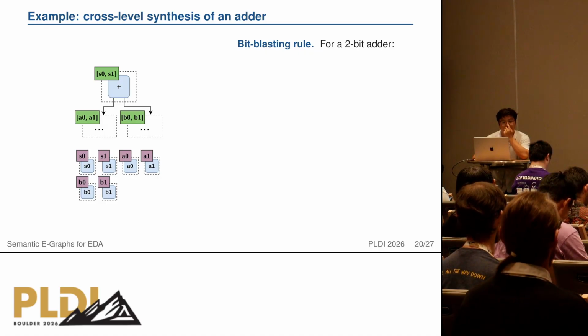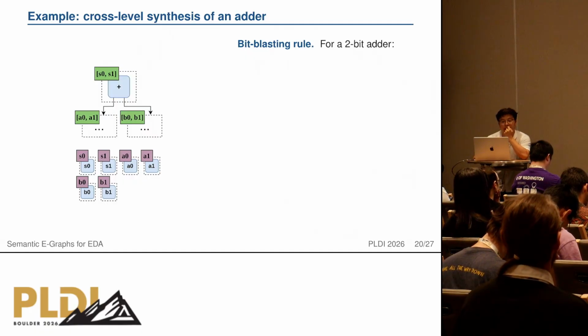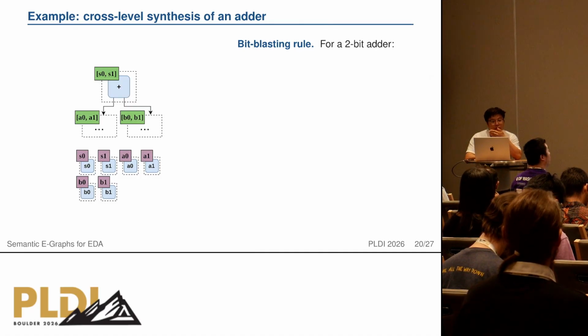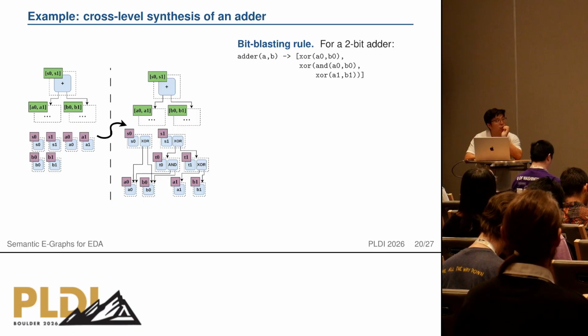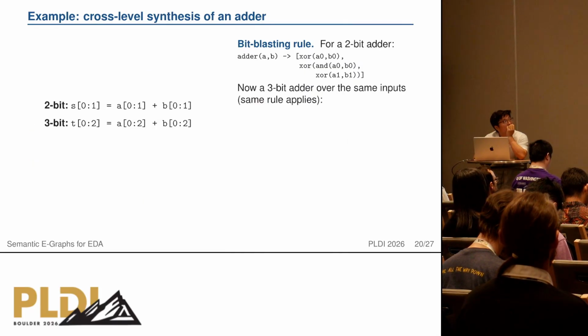And here is another example for cross-level synthesis of an adder. So we have a type of bit-blasting rule, for example, for a 2-bit adder. We have the word-level expression in the egraph, but we use the rewrite rule to make the bit-level netlist implementation in the egraph as well. So suppose we have another 3-bit adder, and it's also bit-blasted.